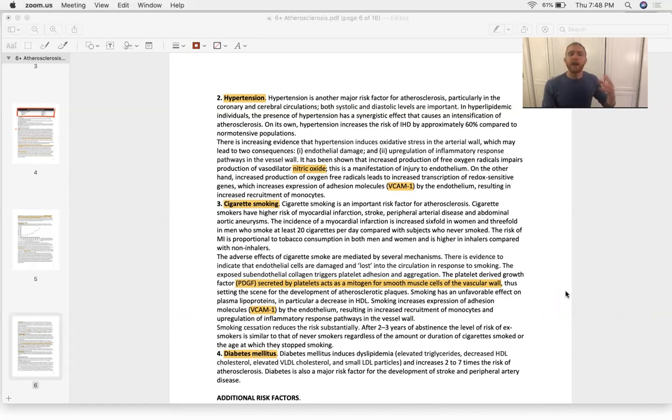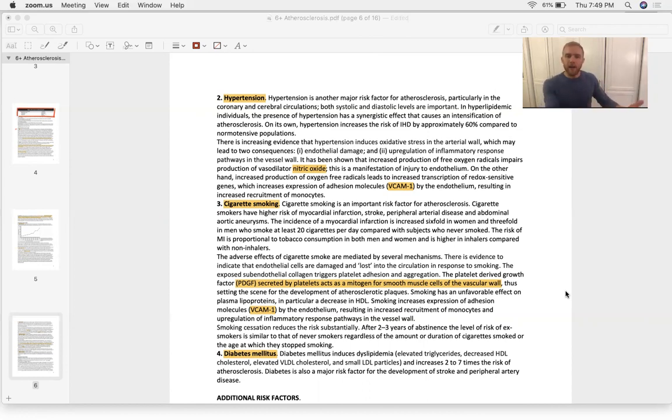And nitric oxide will begin to be released by smooth muscle cells within the wall of the artery that's impacted by atherosclerosis, in order to compensatorily vasodilate that artery, so that the tissues downstream of an atherosclerotic plaque can continue to receive the same amount of oxygen as they did before the plaque even started to develop.